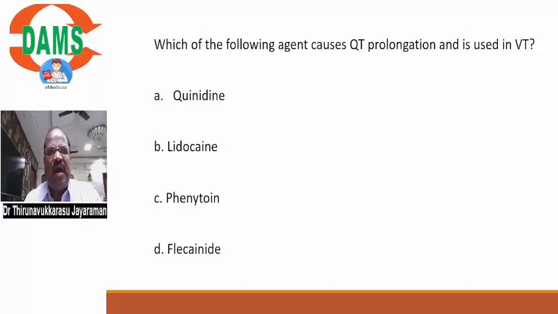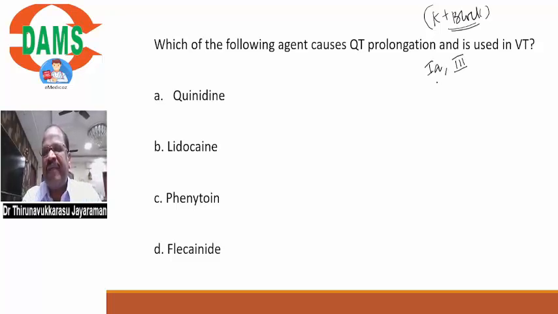Whenever they ask which drug causes QT prolongation, or all of the following cause QT prolongation except, just remember any drug having potassium channel blocking property will cause QT prolongation. Among the anti-arrhythmic agents, class 1A drugs and class 3 drugs have potassium blocking property, so they have a high risk of causing QT prolongation.